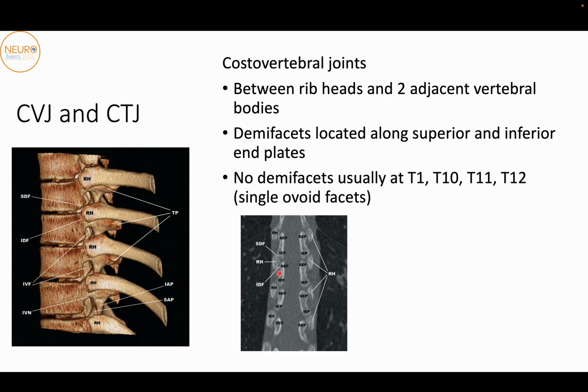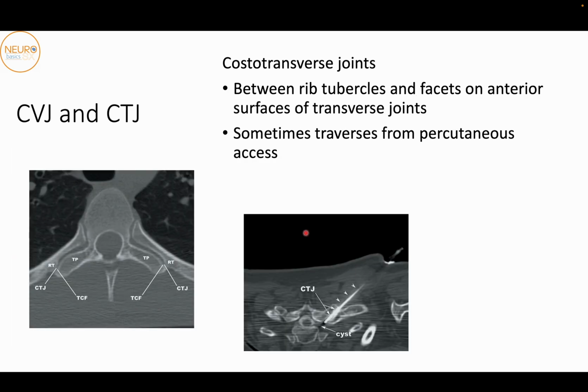So in this coronal section, we can see over here, this will be the superior end plate and the inferior end plate of the vertebra, and as we can see, the rib head is articulating with the superior end plate through a demifacet here, and with the inferior end plate of the vertebra above through another demifacet here. So that was a costovertebral joint being formed between the rib head and the vertebral body over here.